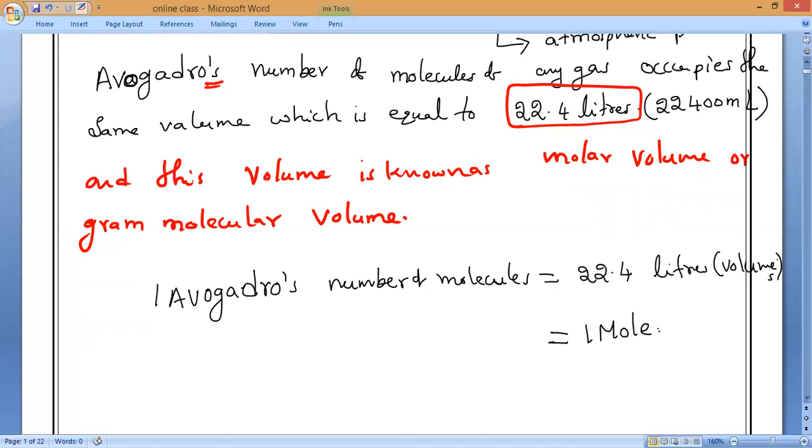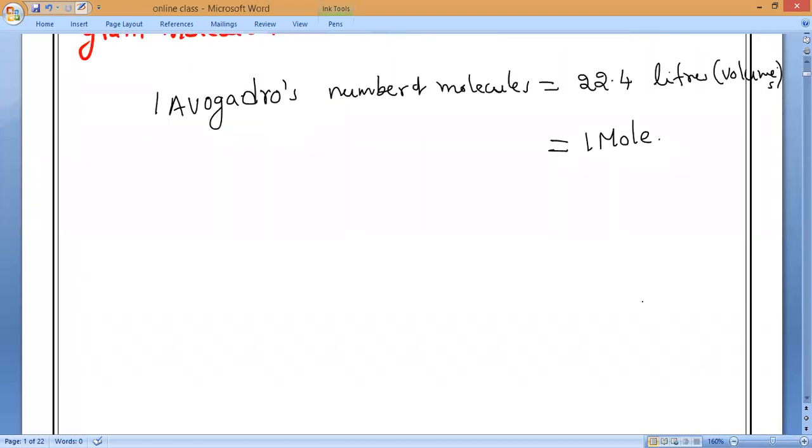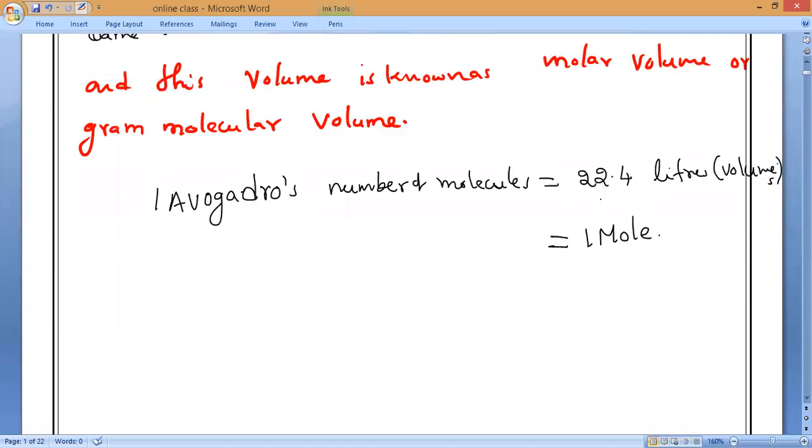Very good. That is what you have to remember. That is why we can say the amount of substance equal to 22,400 ml or 22.4 liters at STP. What do you mean by STP?